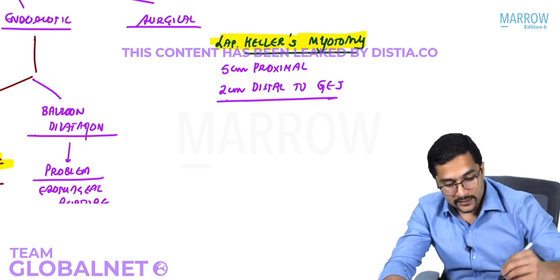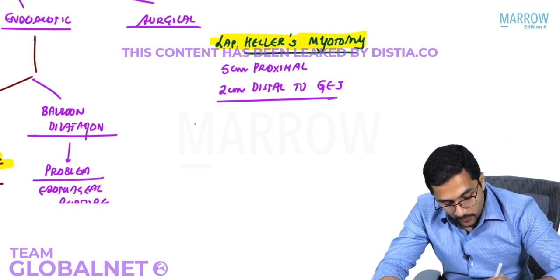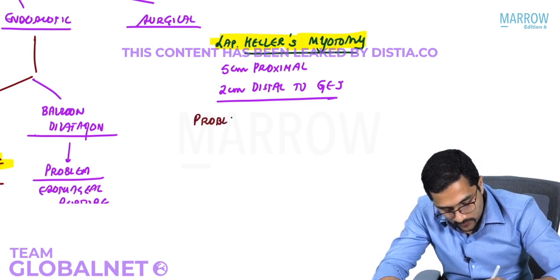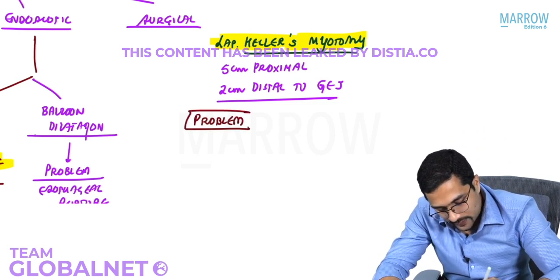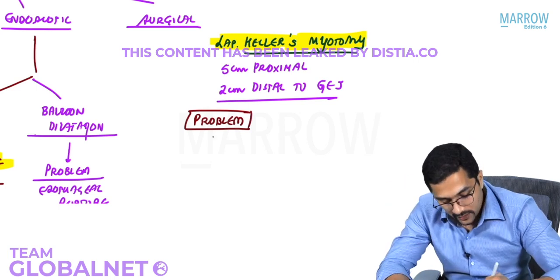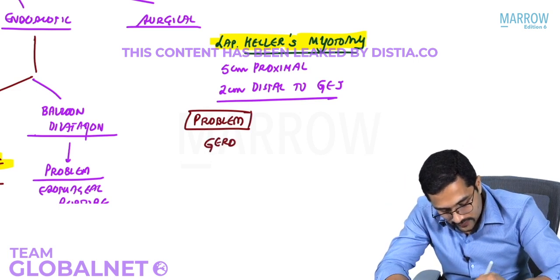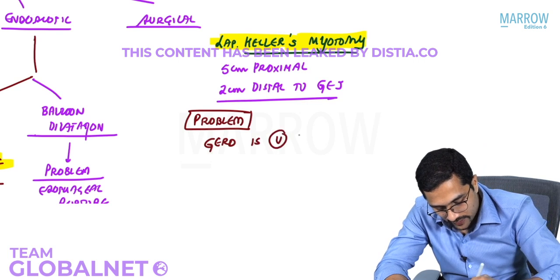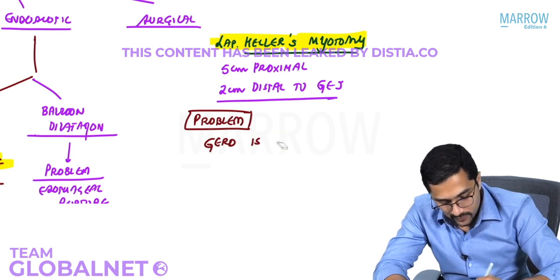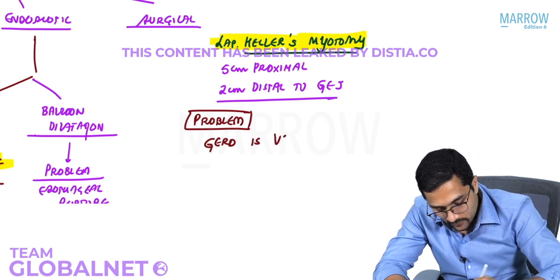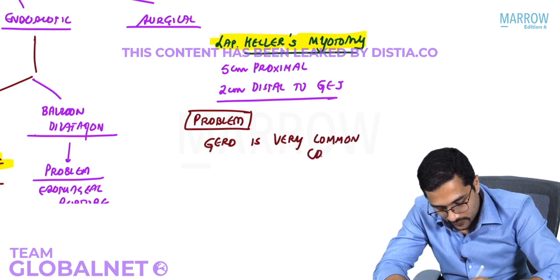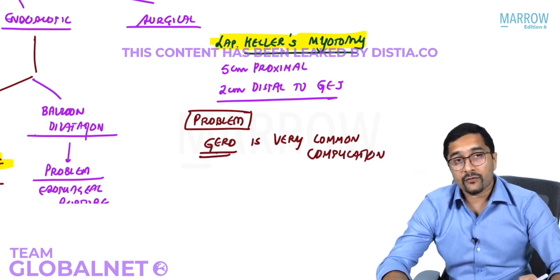Now, the problem with Heller's myotomy is that once you've done a myotomy, GERD is a very common complication, right? Because now the sphincter is cut, so there is going to be reflux.